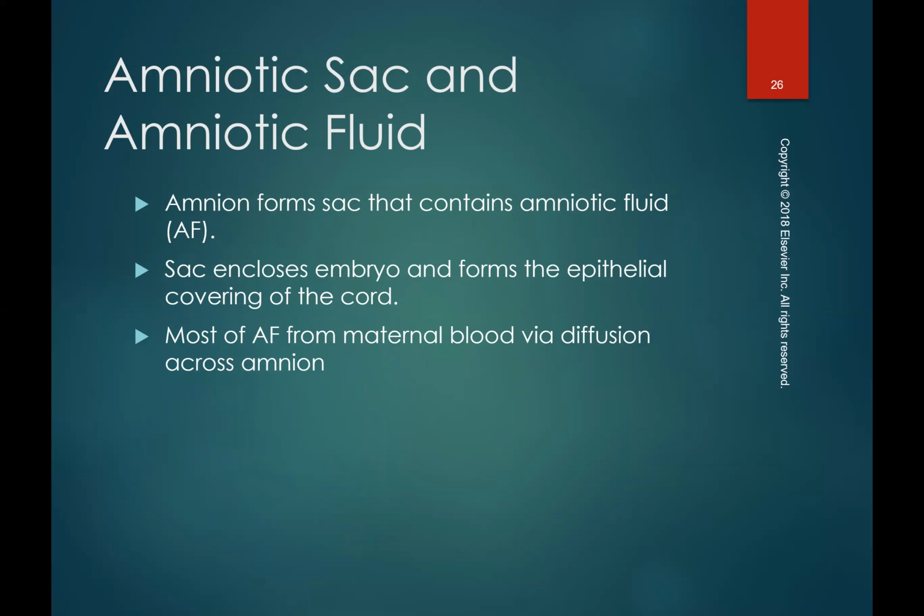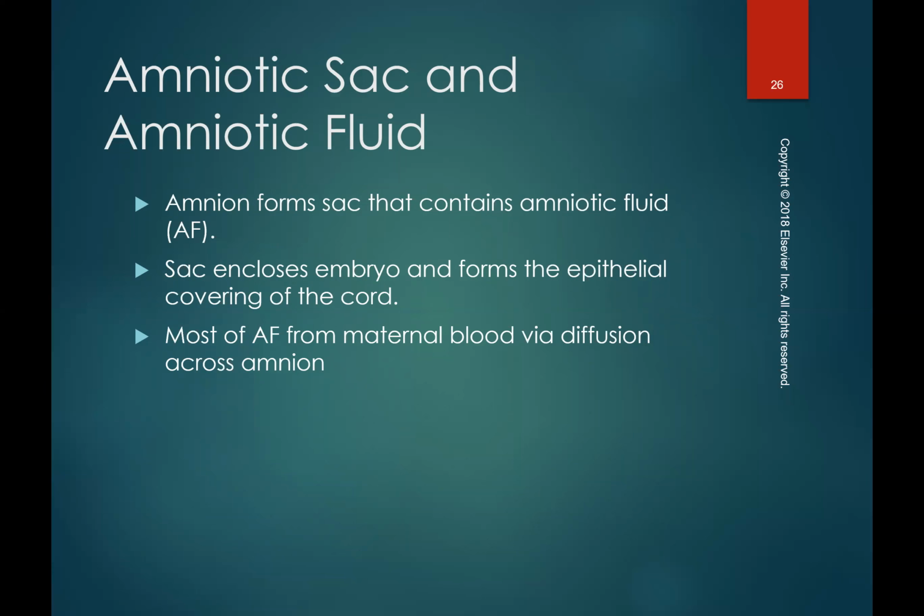So basically, there's two membranes, the amniotic sac and the chorion, and as the baby grows and more amniotic fluid continues to accumulate within the amniotic sac, the amniotic membrane grows, and then it fuses with the chorion, and then you don't really see the membrane.